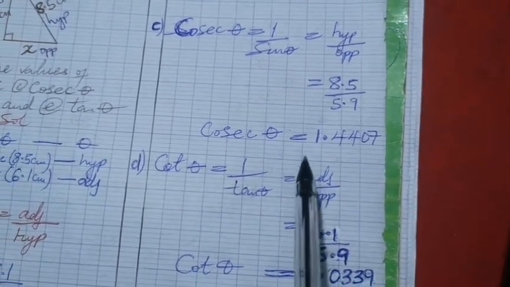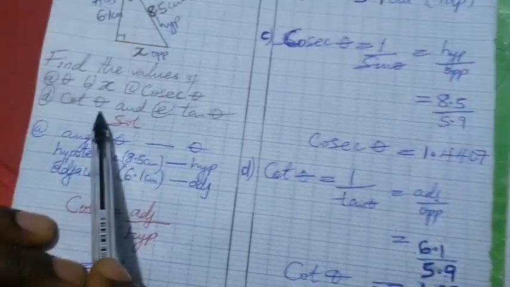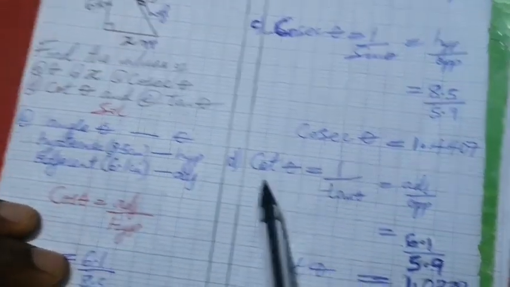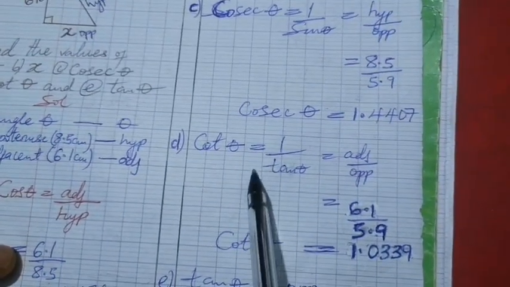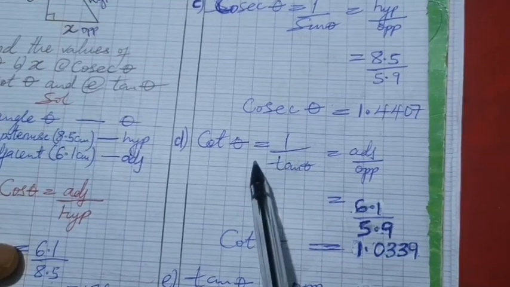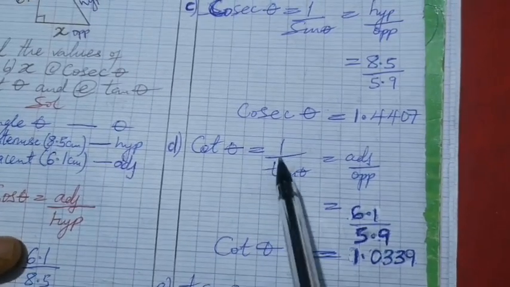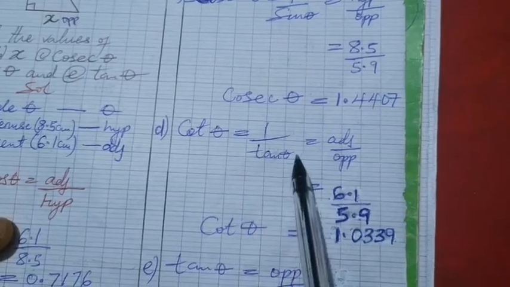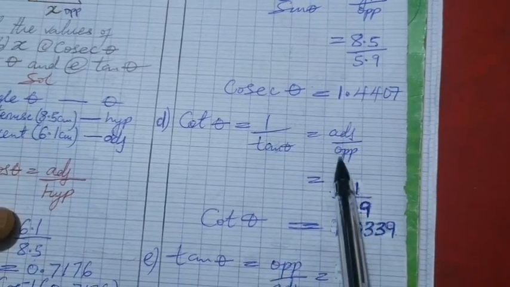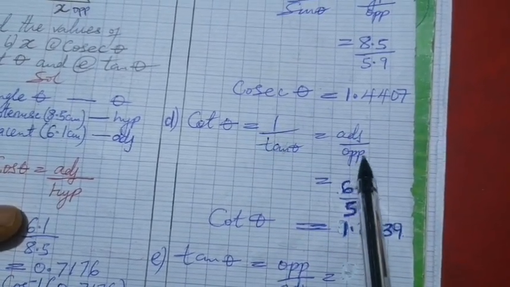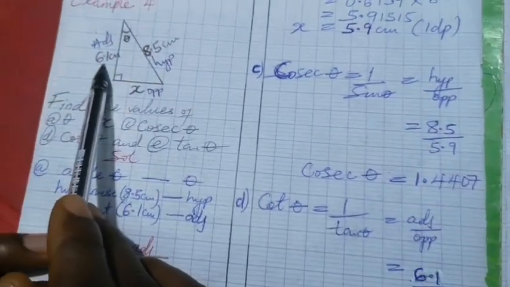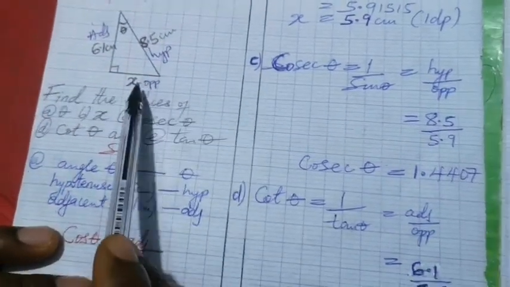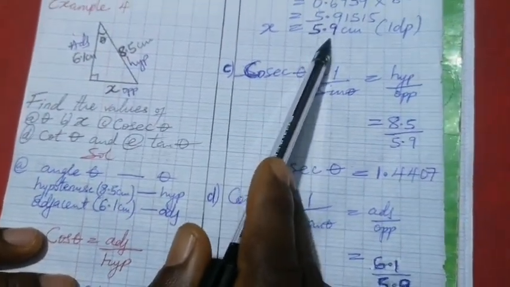Now the next one is cot theta. Okay, now cot theta is inverse of tan theta, and since tan theta is opposite over adjacent, therefore cot theta will now become adjacent all over opposite. Okay, and our adjacent is 6.1 and our opposite is what we got here, 5.9.